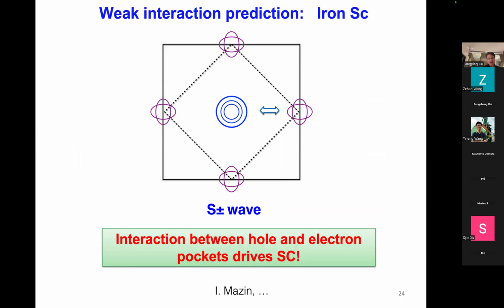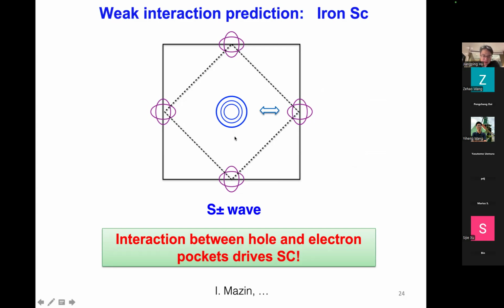So if you have a Fermi surface like this, you have a hole pocket and an electron pocket. If a repulsive interaction is driving the superconductivity, you can argue that the repulsive interaction between the hole pocket and the electron pocket plays a very important role, and this is probably what drives the superconductivity.